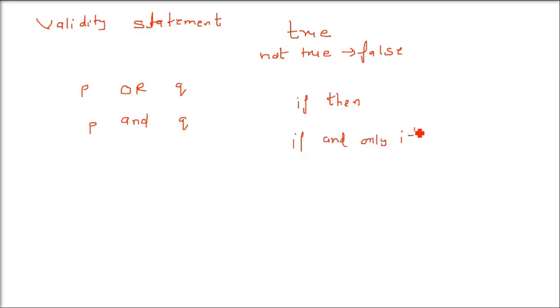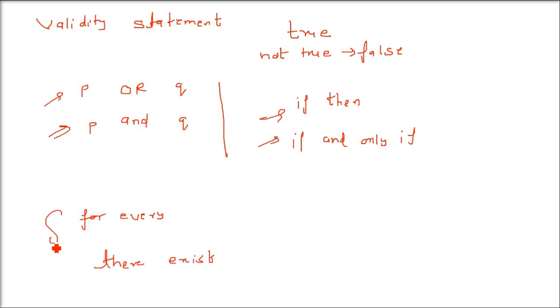These are implications. Or you are using quantifiers. Quantifiers means for every, there exists. Whenever these all appear in a given statement, then checking whether the statement is true or not true is the validity of statements.